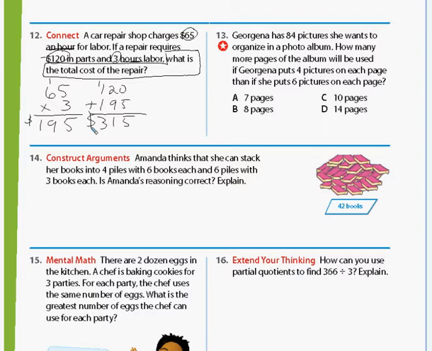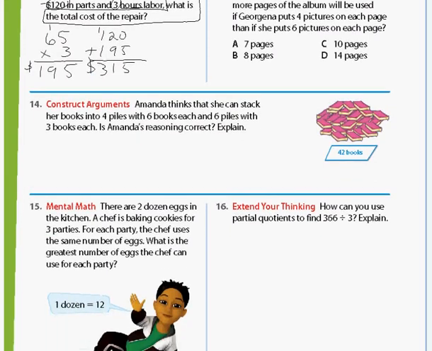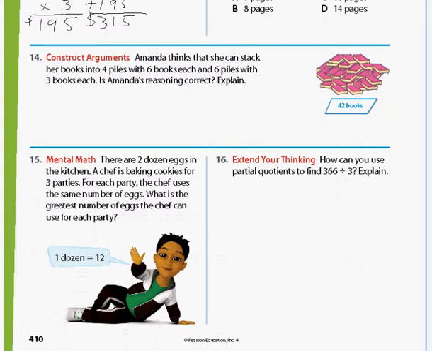Problem number 14. Amanda thinks that she can stack her books into 4 piles with 6 books each and 6 piles with 3 books each. Is Amanda reasoning correct? And explain. So basically, we're going to figure out these piles right here.